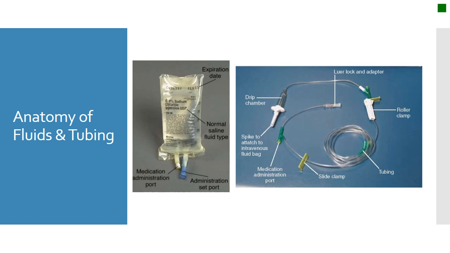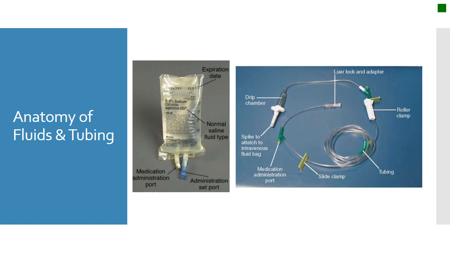At the bottom of the solution, you will see typically at least 2 ports. One port is for medication administration to be added to this medicine. Sometimes this is done prior to the bag coming to you in pharmacy. Sometimes you will have to add a medicine to the solution and you do it through this port.